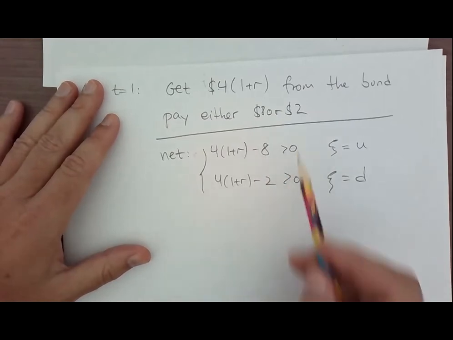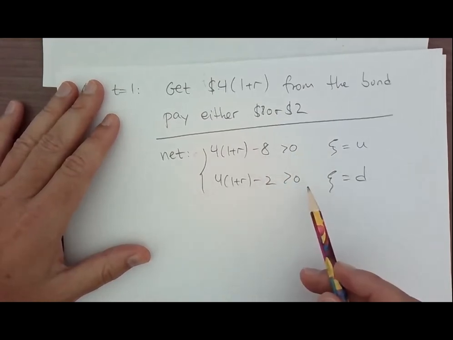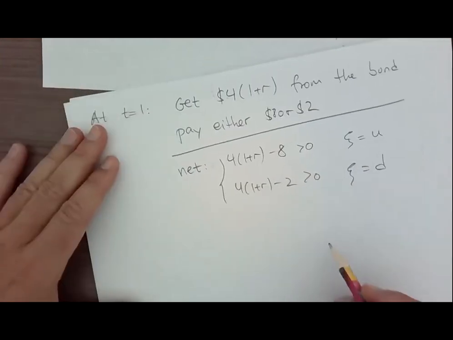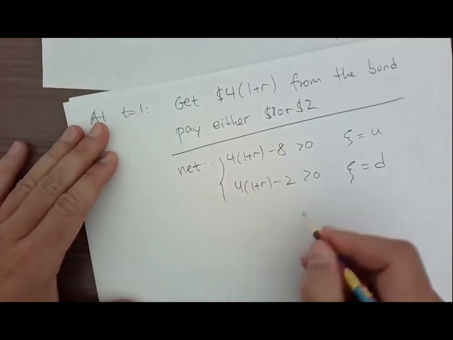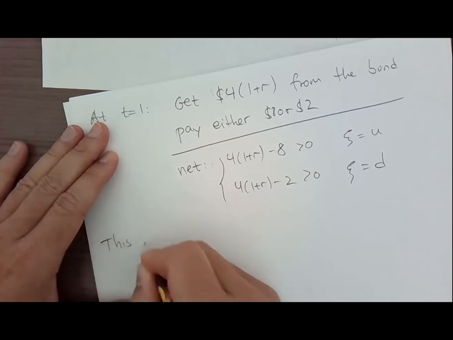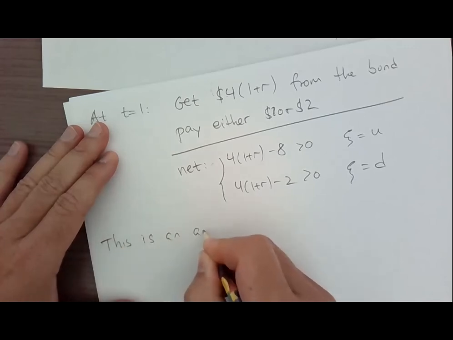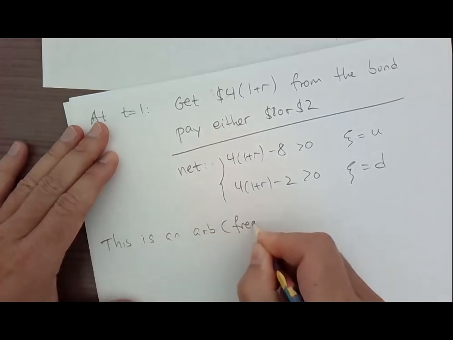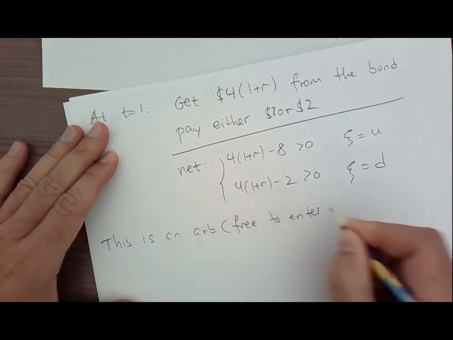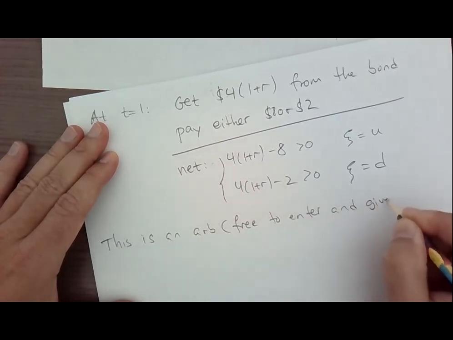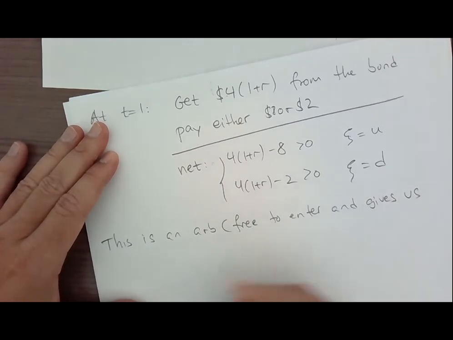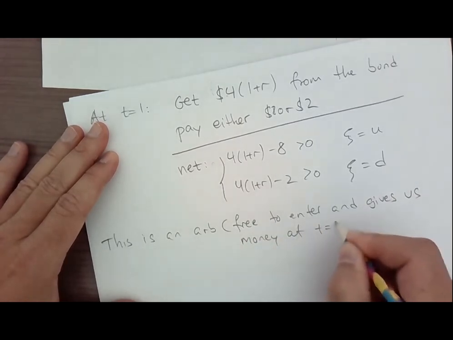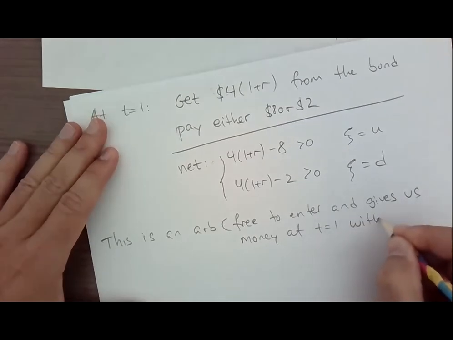We get a strictly positive amount in the end. So this here is arbitrage. Free to enter, and gives us money at time t equal to 1 with no risk.